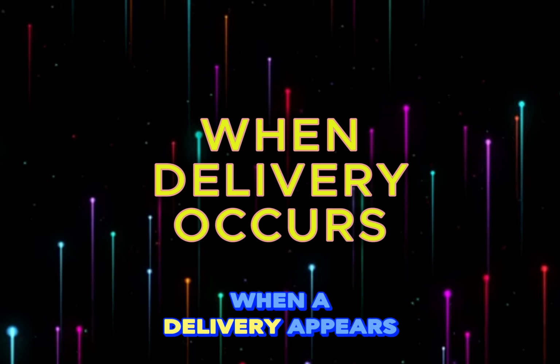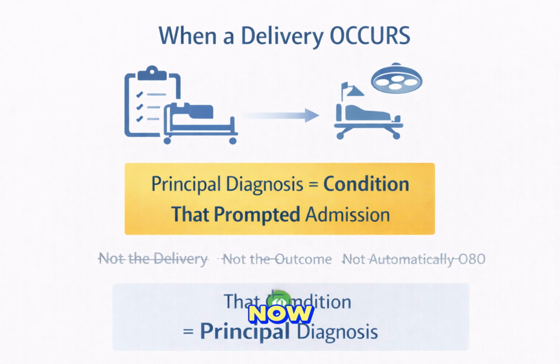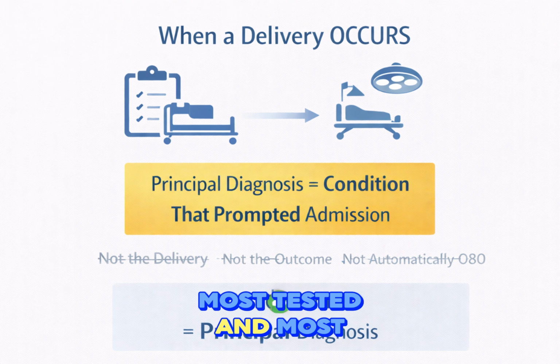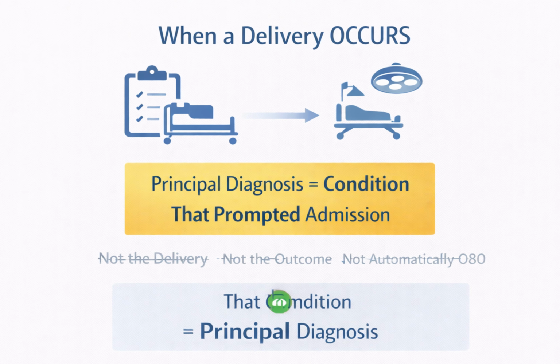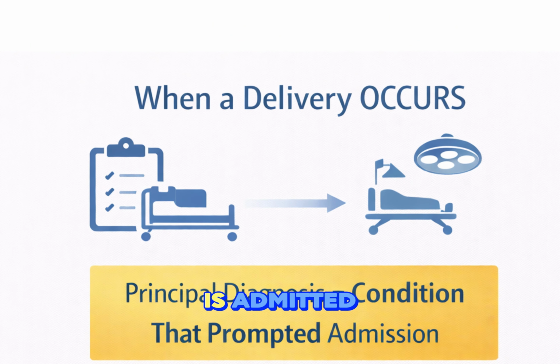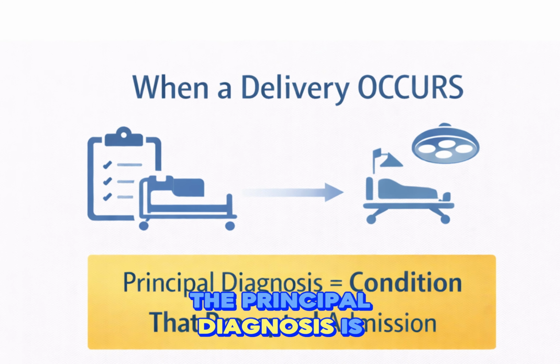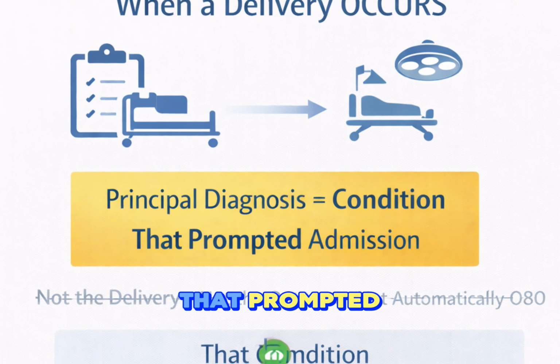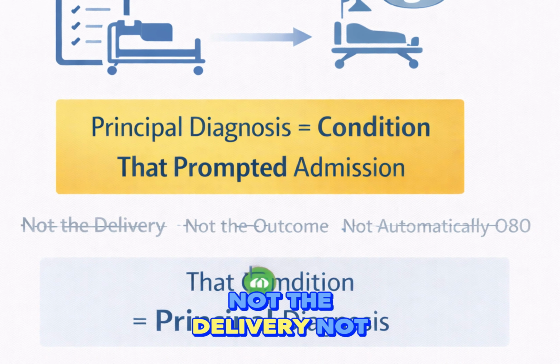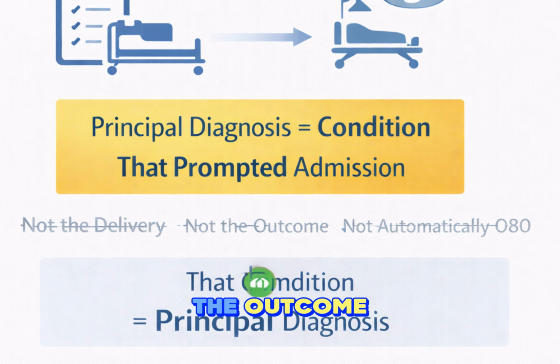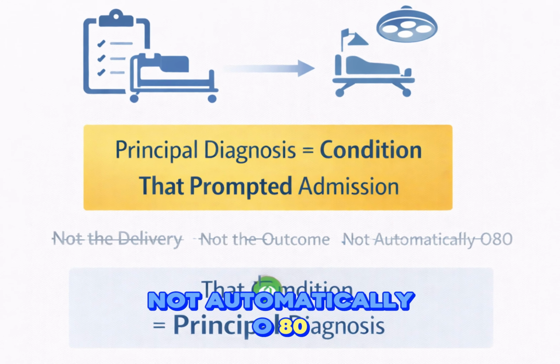When a delivery occurs. Now we come to the most tested and most confusing section. When an obstetric patient is admitted and delivers during the same admission, the principal diagnosis is the condition that prompted the admission, not the delivery, not the outcome, not automatically O80.